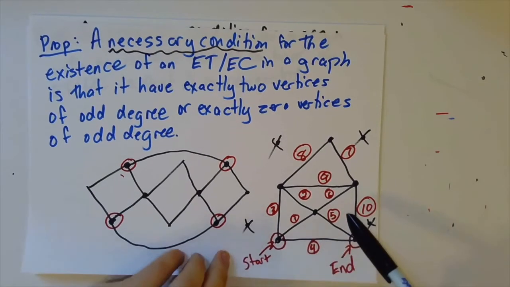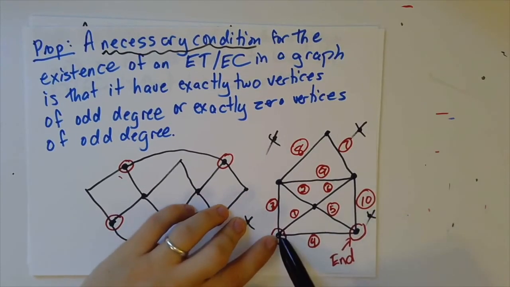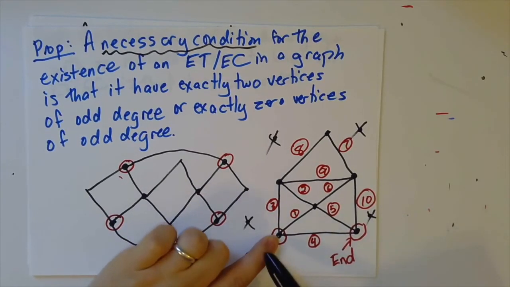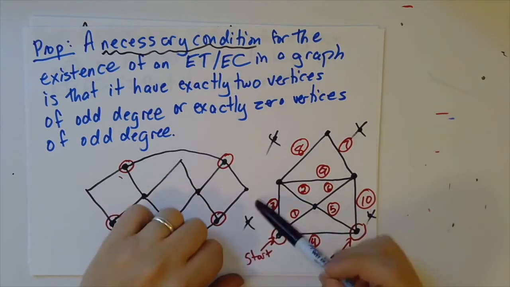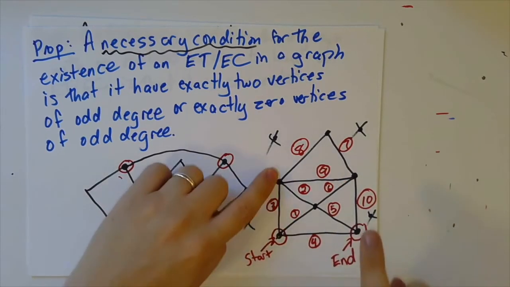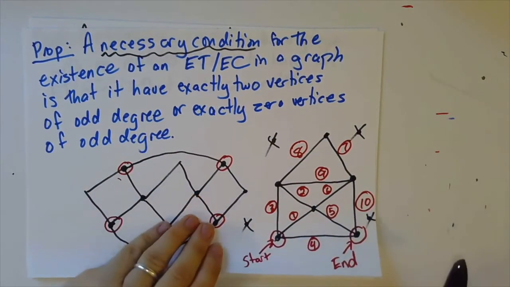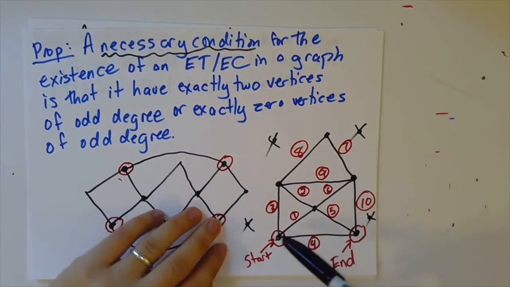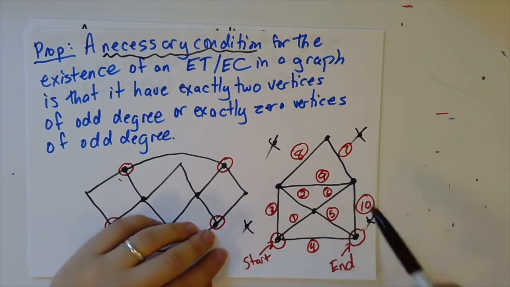And so that gives us a walk that starts here, visits every vertex at least once, and ends here. And so that means any 2 vertices you pick, whichever 2 of them, you can just use the trail that you have to write down a walk that goes from one to the other.